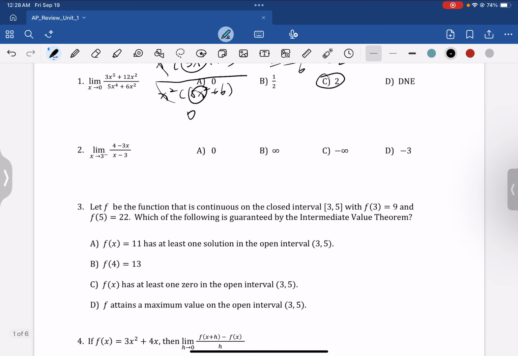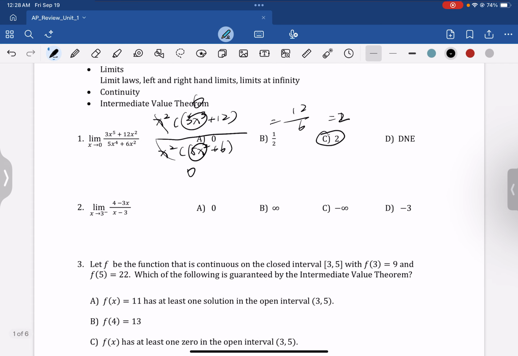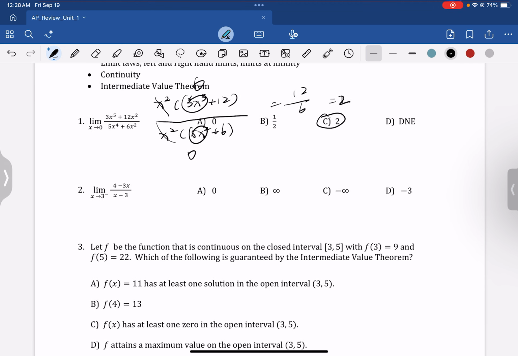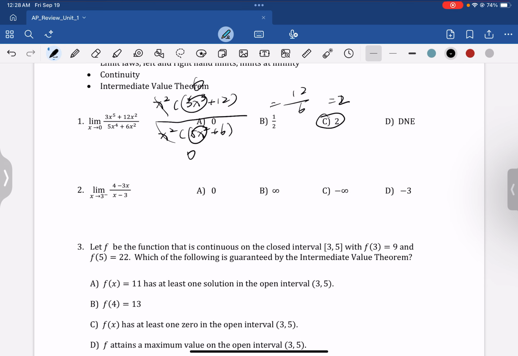Alright, next one. This is a limit as x approaches from the left hand side. What we have to do is figure out whether it approaches negative infinity or positive infinity. This one is pretty tricky because it's kind of hard to find whether it goes to positive or negative infinity, but we can solve it easily with this trick.